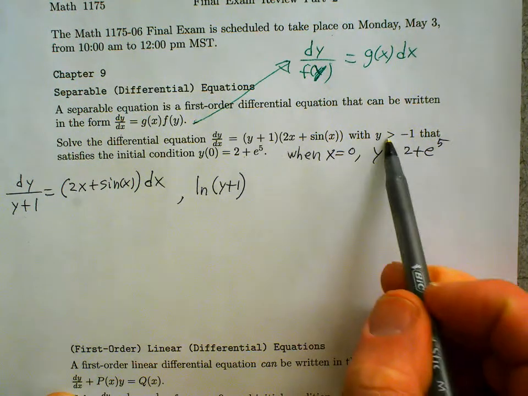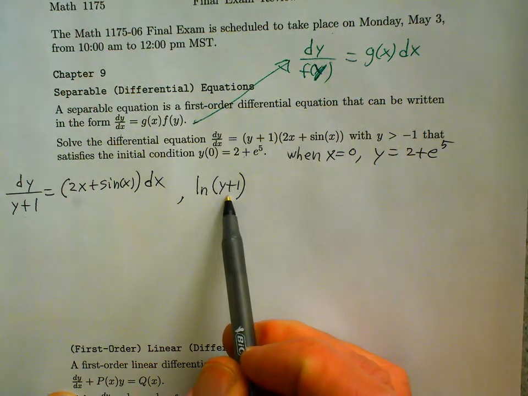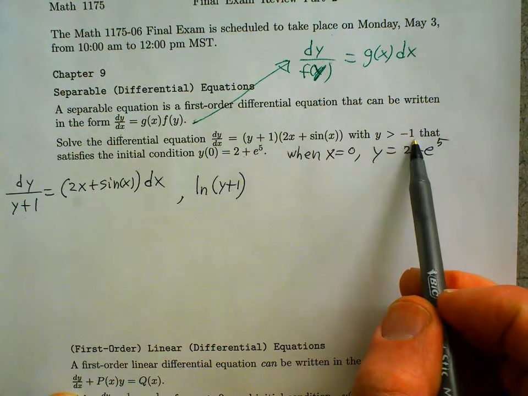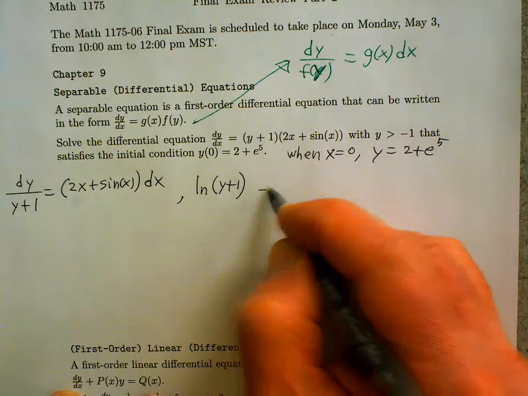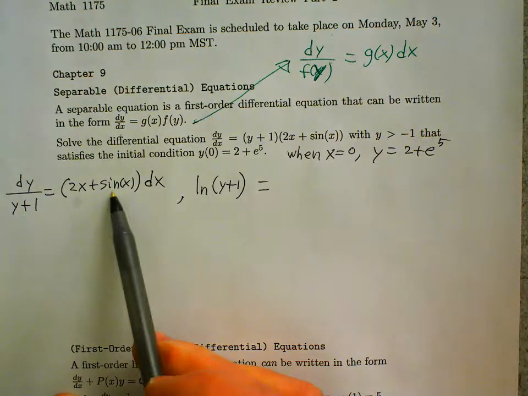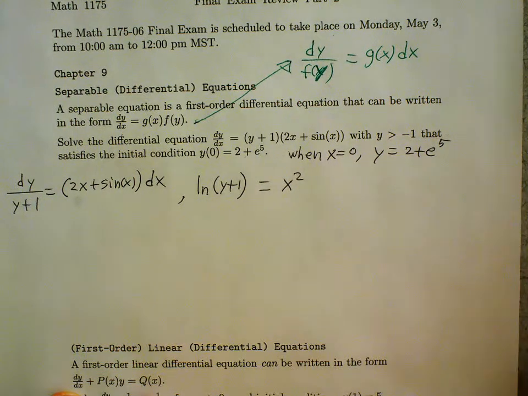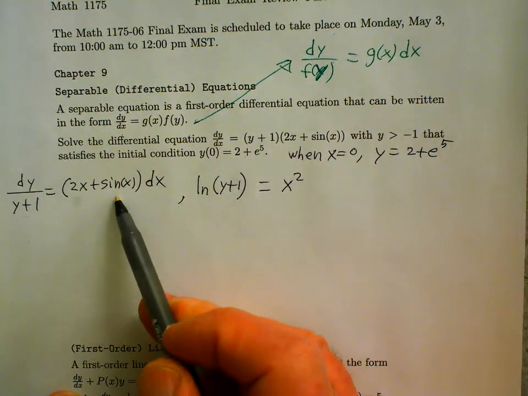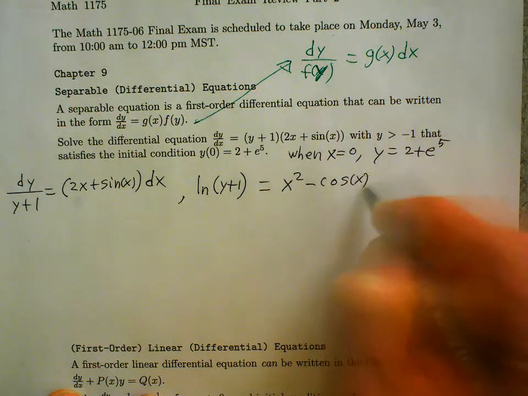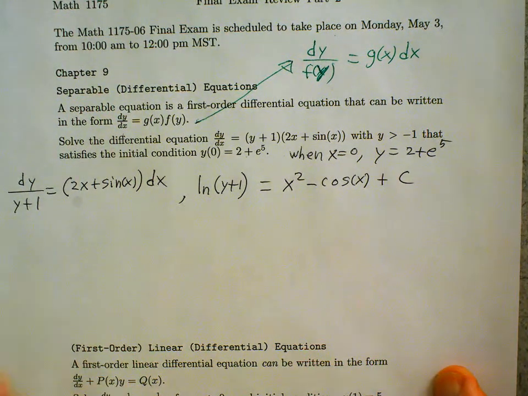Since y has to be greater than -1, I don't need the absolute value symbols because y plus 1 will be positive if y has to be greater than -1. And then on the other side, find antiderivatives of 2x and sine of x. An antiderivative of 2x is x squared. And an antiderivative of sine of x is negative cosine of x. And then put plus c for the constant of integration.